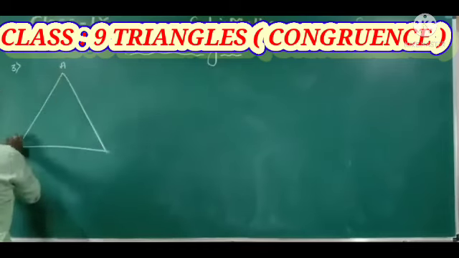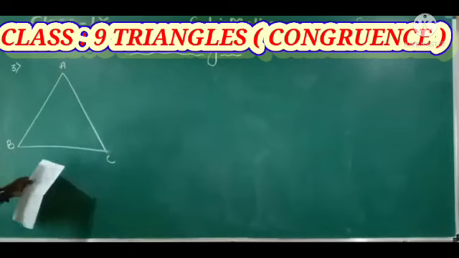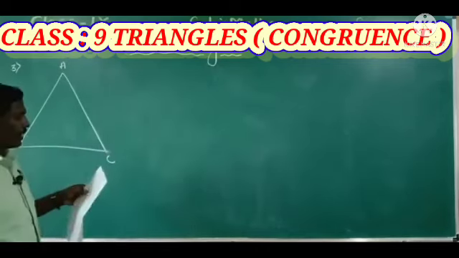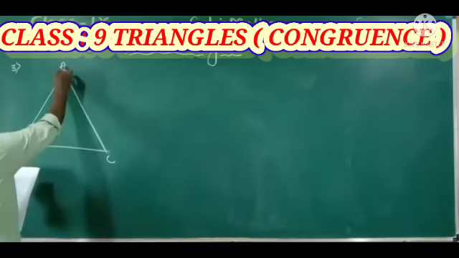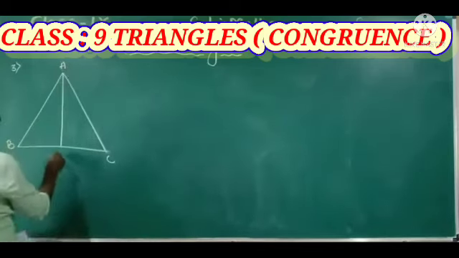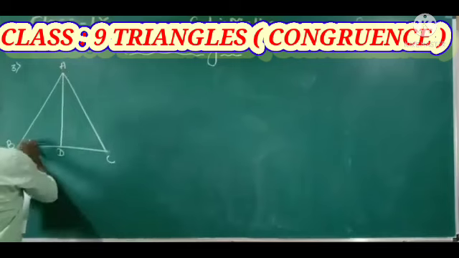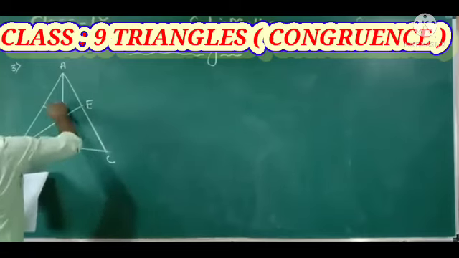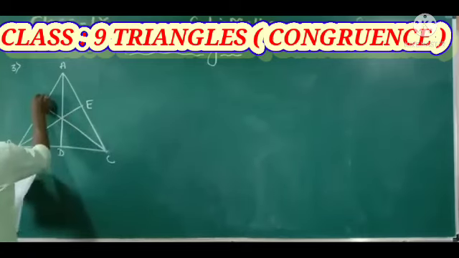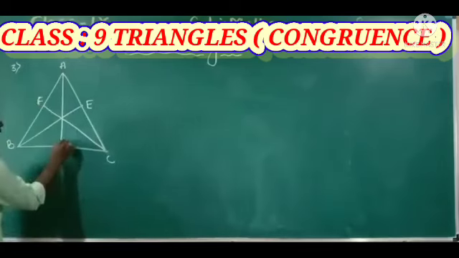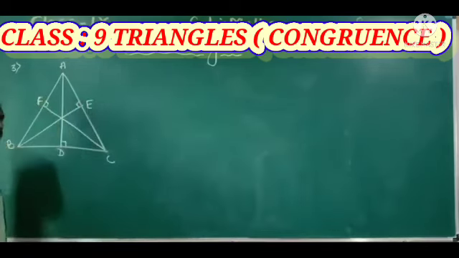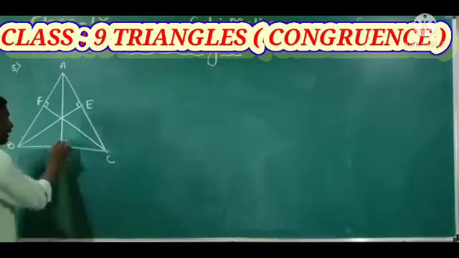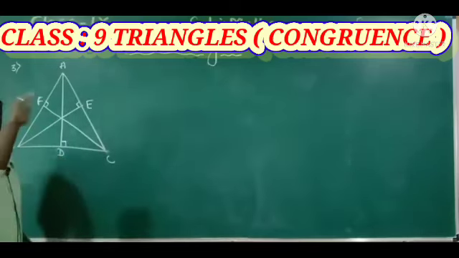In triangle ABC, the perpendicular bisectors of the sides of triangle ABC meet at I. So you need to draw three perpendicular bisectors, AD, BE and CF. These three are perpendicular. Perpendicular means it makes a 90-degree angle at the point of intersection, and it's not only perpendicular, it's the perpendicular bisectors.